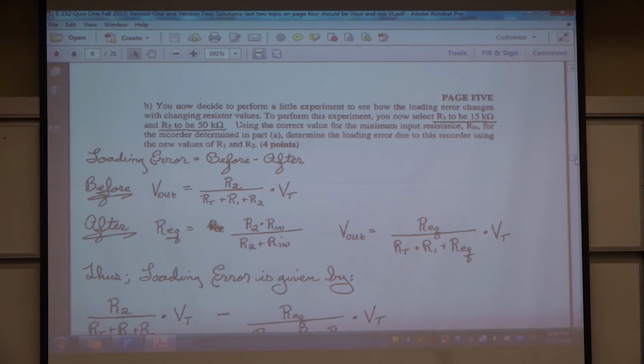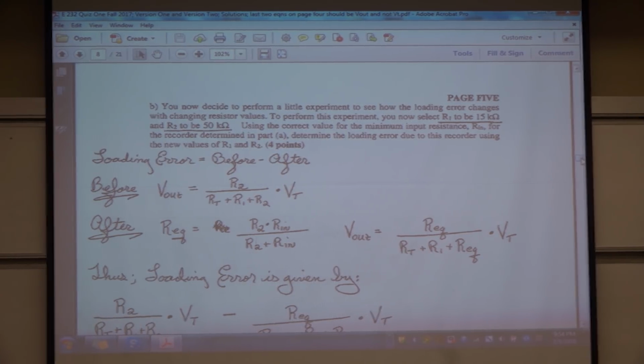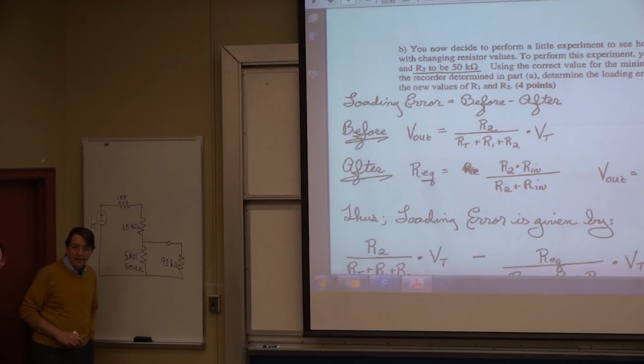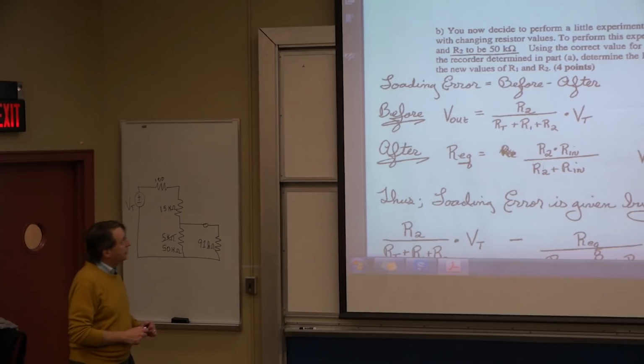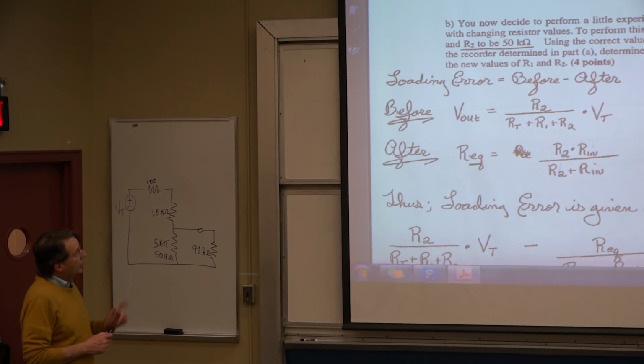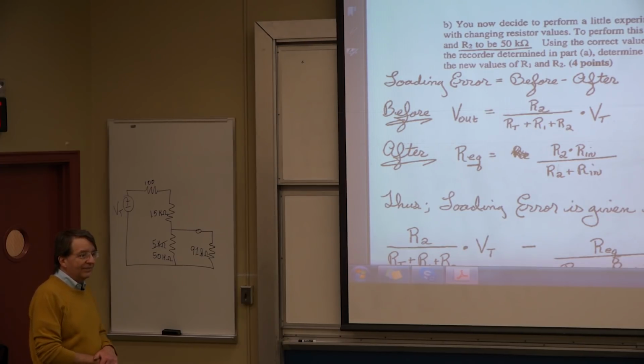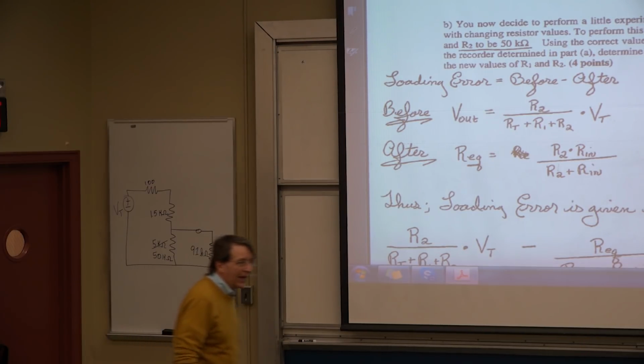I ask you to change the values. R1 is still 15K. But now R2 is 50K. You're making this 50K now. And the question is, using the same value of Rin, determine the loading error. Is the loading error going to go up or down?